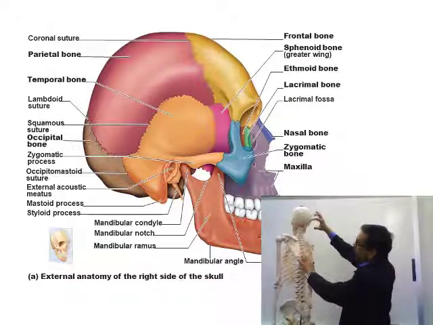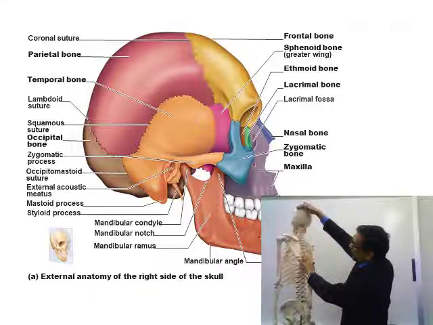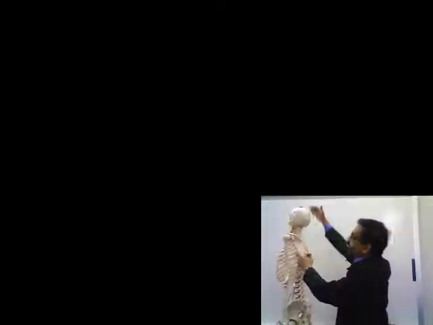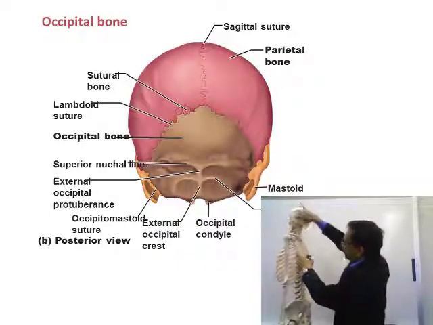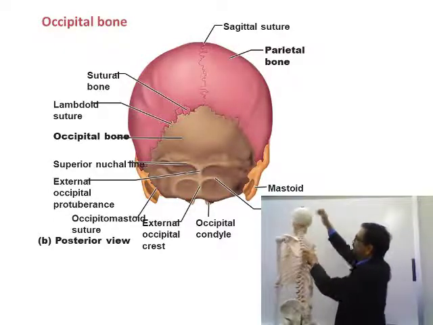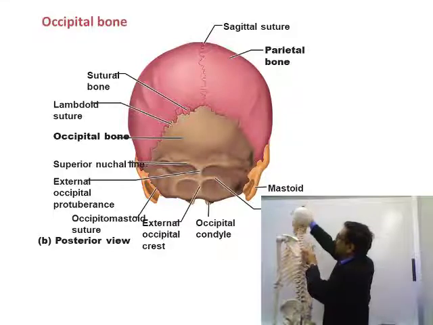You see here, going like this. So this suture connects the parietal and occipital. Parietal in the front, occipital in the back. So coronal, squamous, lambdoid. Then another large suture, that's the sagittal suture, this one, midline of the skull.